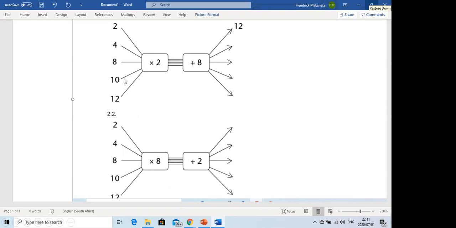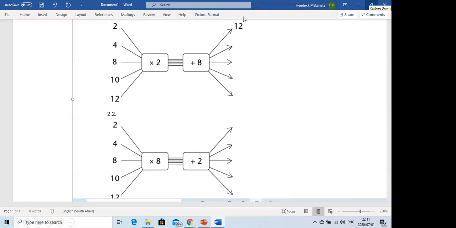So you can see that we've got input values there, followed by the rule, and then you simply multiply the input by the rule there, and you can see that the first input value there is 2. If you multiply 2 by 2, you get 4. And then 4 plus 8 will give you 12.